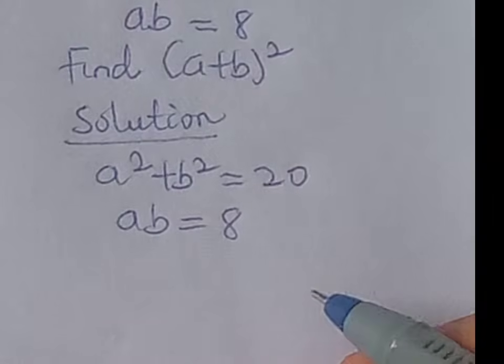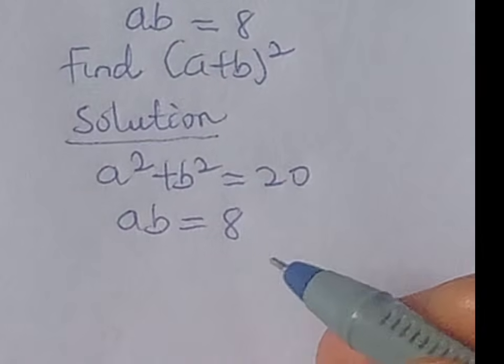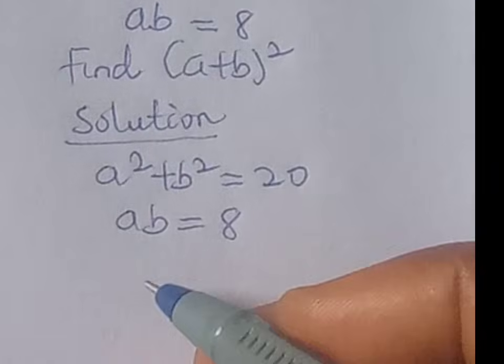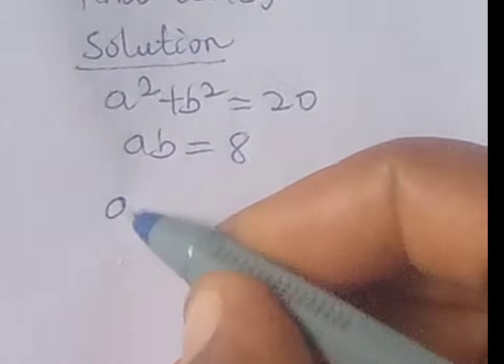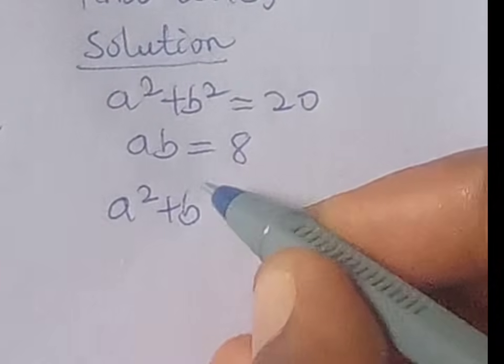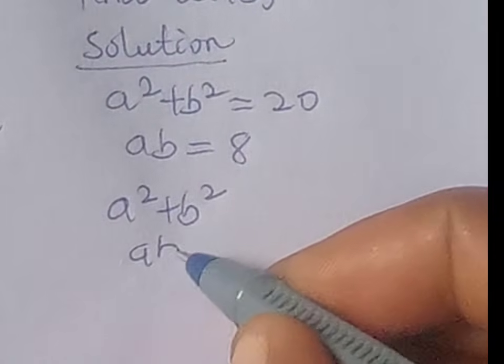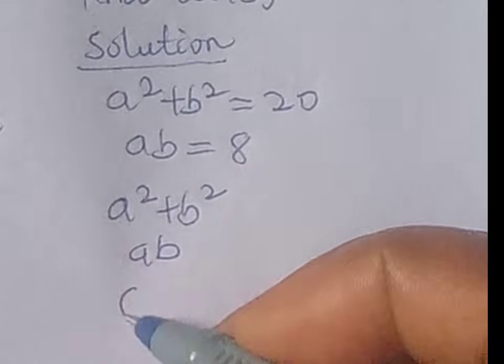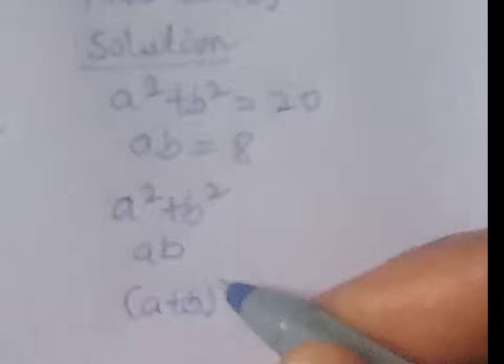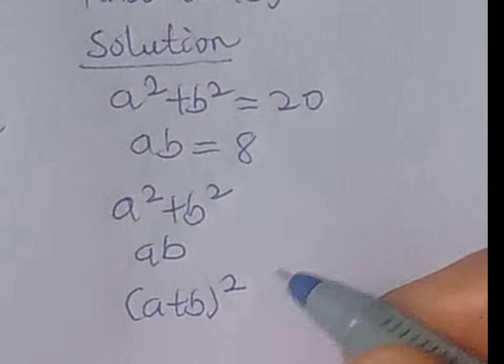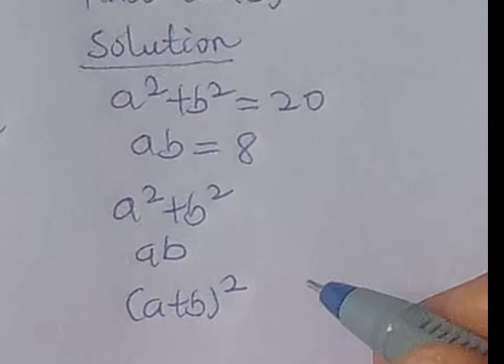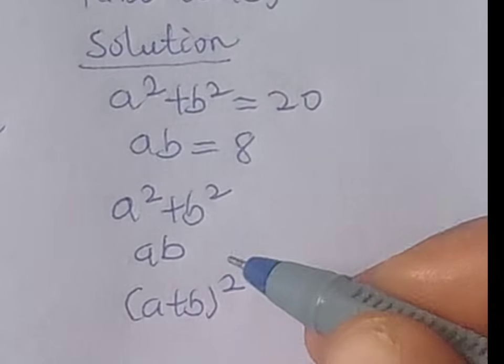The next thing is, let's recall an important formula. Whenever you see a question involving a square plus b square, a times b, and (a plus b) square, there is a famous algebra identity that connects them.